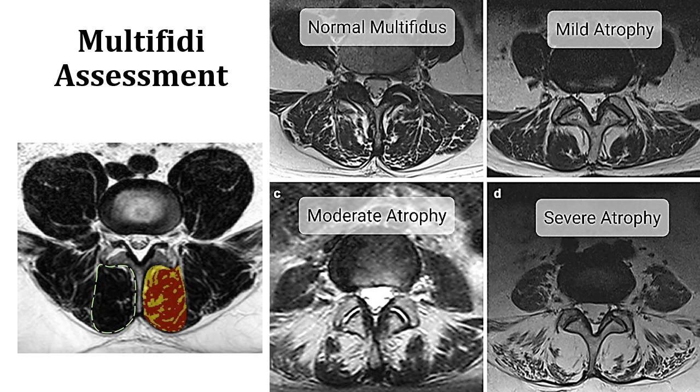Then the mild atrophy, shown in the top right, is slightly smaller than the first, and then the moderate and the severe below that, where the majority of the gutter along the spinous process is more white than it is red, or in this case, black. So you're looking first for the muscle bulk, and then secondarily, you're trying to stratify the amount of fatty infiltration.